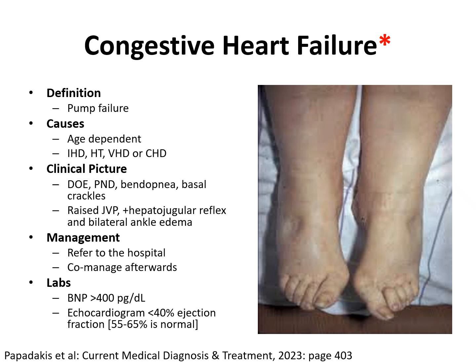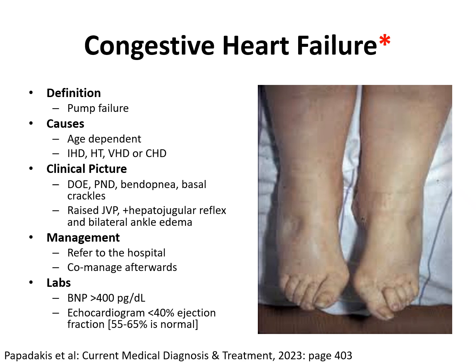The clinical picture can be separated out into left-sided heart failure versus right-sided heart failure. So I'm going to highlight those that are related to left-sided heart failure: shortness of breath worse on exertion, paroxysmal nocturnal dyspnea, bendopnea, and basal crackles. Those are the ones that are related to left-sided heart failure.